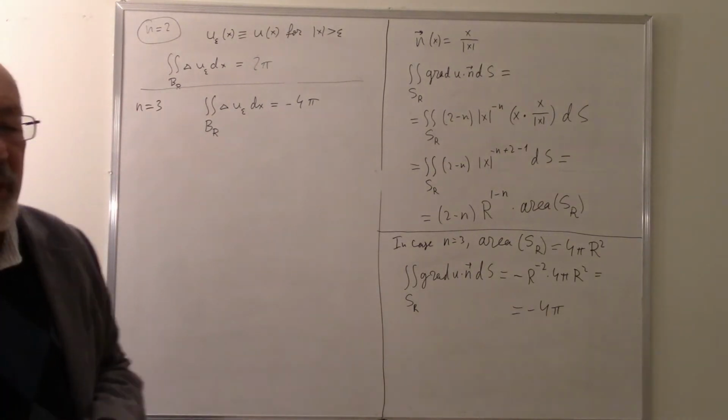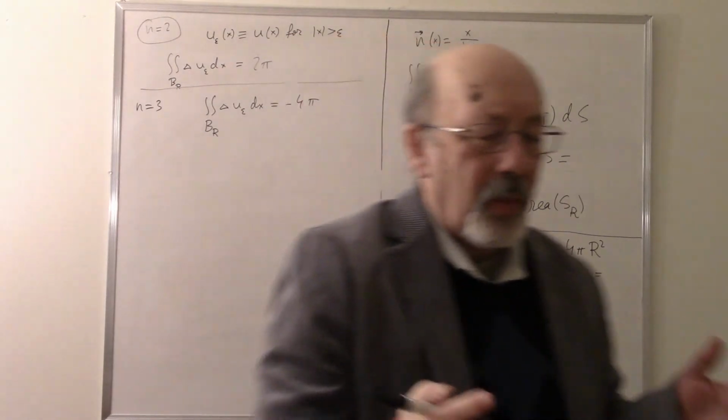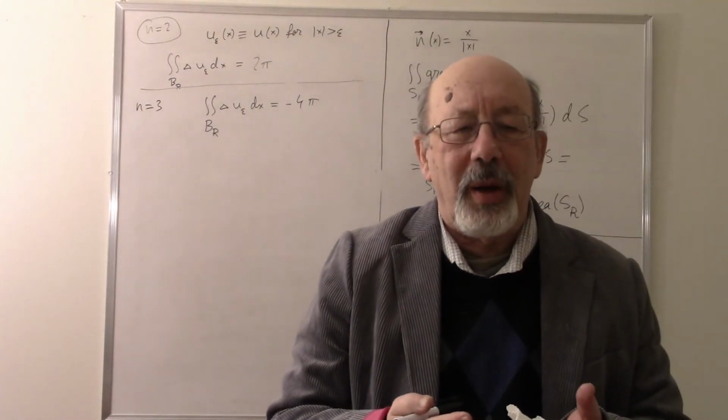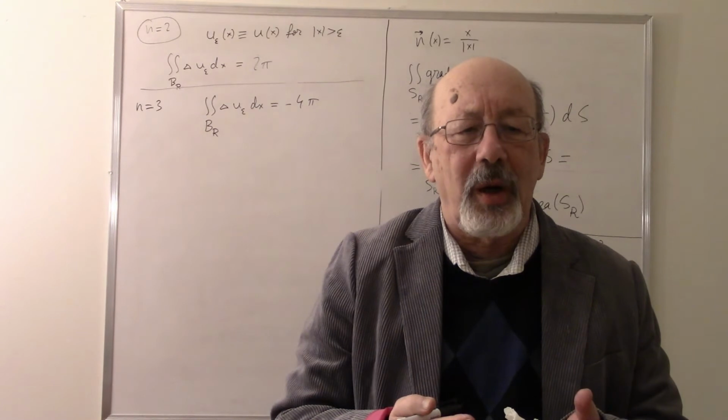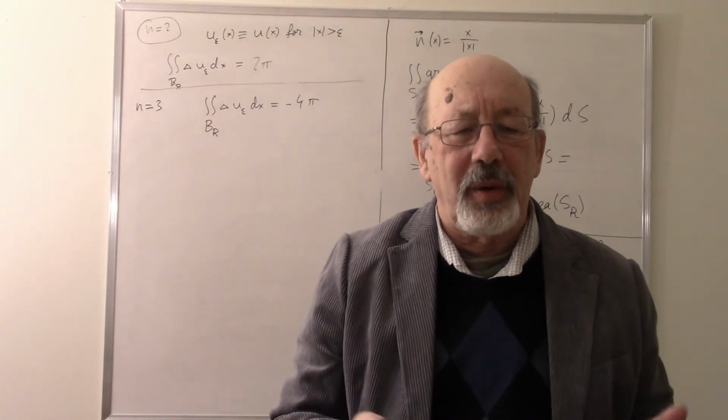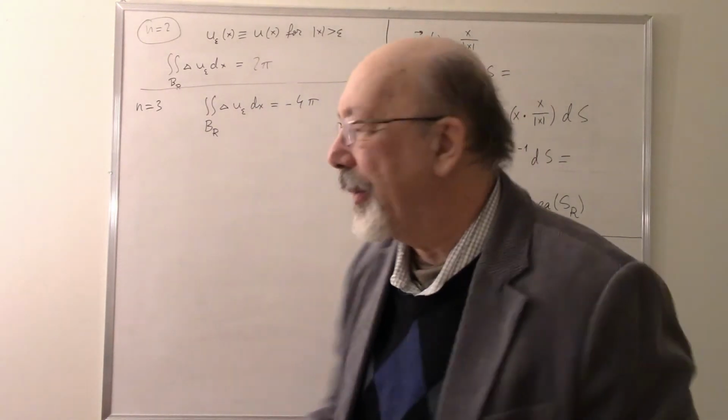Now, in general, we have the following. There is a general formula for the volume of the n-dimensional ball of radius r and of the surface of the sphere.